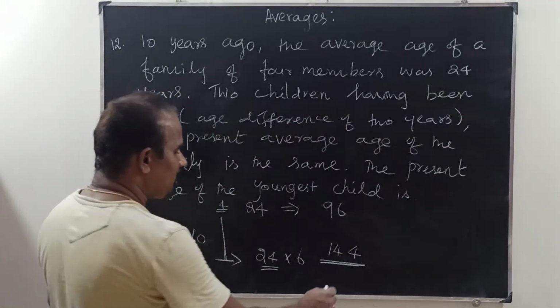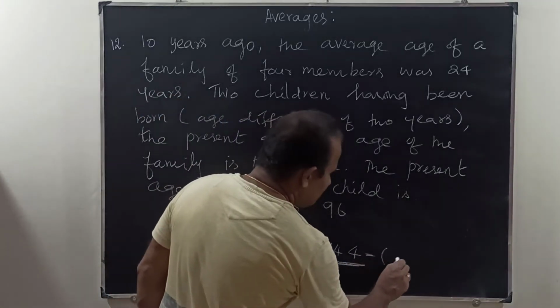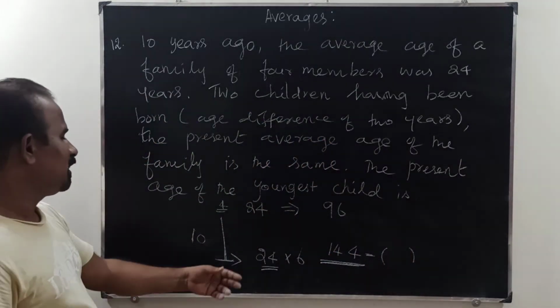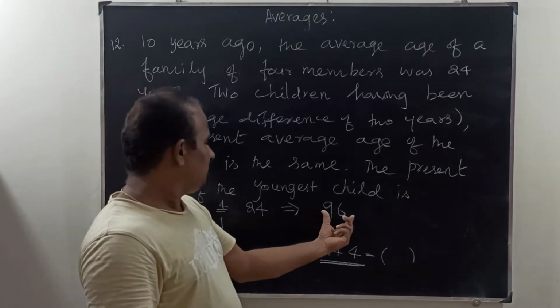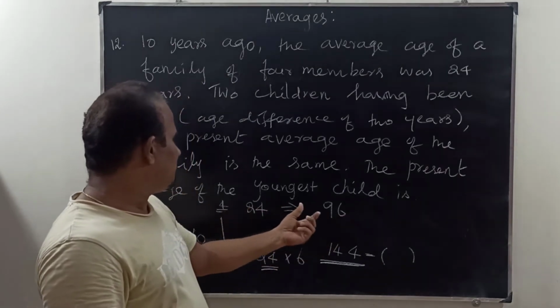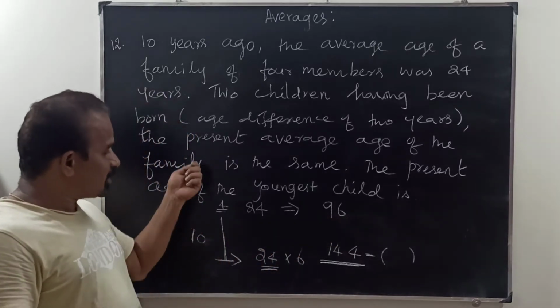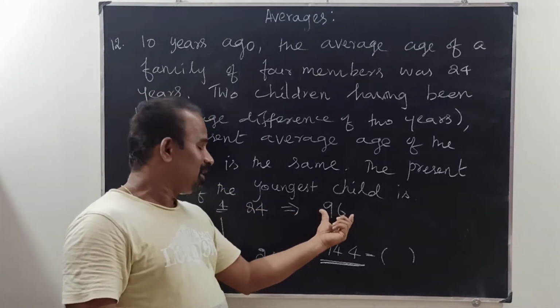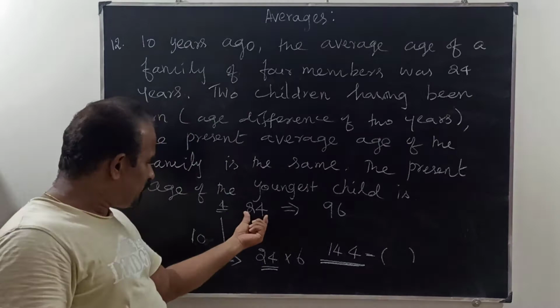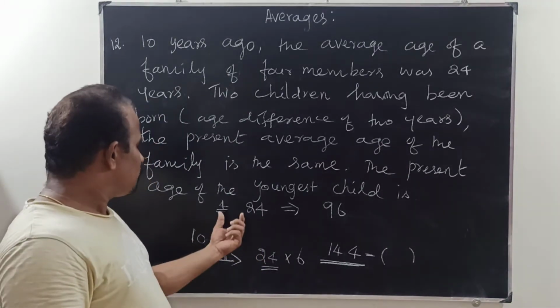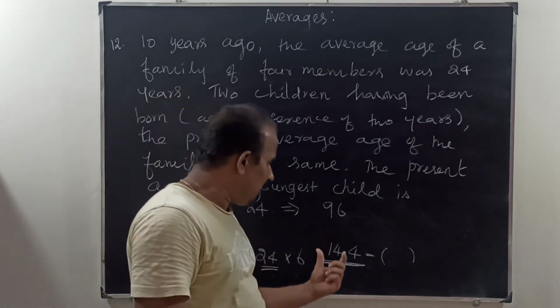Now the sum of the age of 4 persons 10 years before is 96. Each person's age will be increased by 10, so we have to add 40.